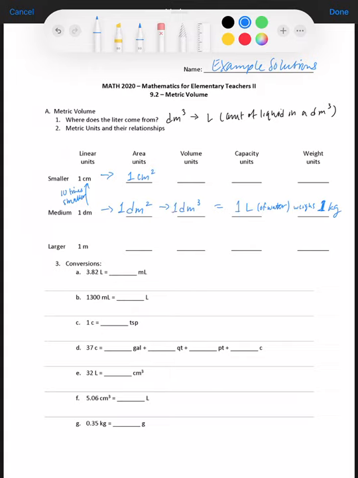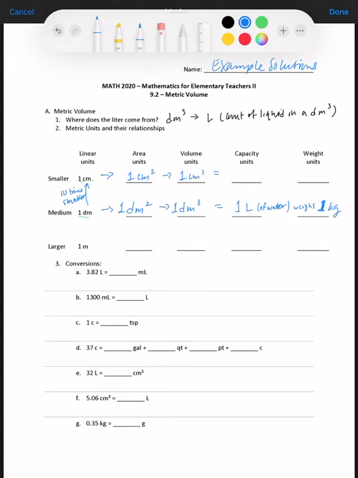And we're going to do the volume, another dimension that way, 1 centimeter cubed. And we know that 1 centimeter cubed is equal to a capacity. Well, how much capacity? Let's take a look at the relationship between decimeters and centimeters again. Decimeters to centimeters was 10 times smaller.